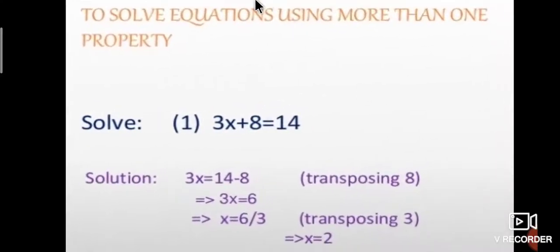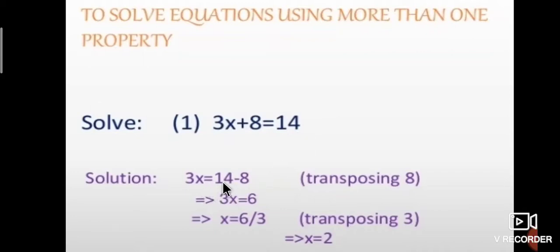Next one is to solve an equation using more than one property, that is called the rule of transposing. Example: 3x plus 8 is equal to 14. Therefore, 3x is equal to 14 minus 8, because plus 8 is transposed from LHS to RHS, then plus 8 becomes minus 8.